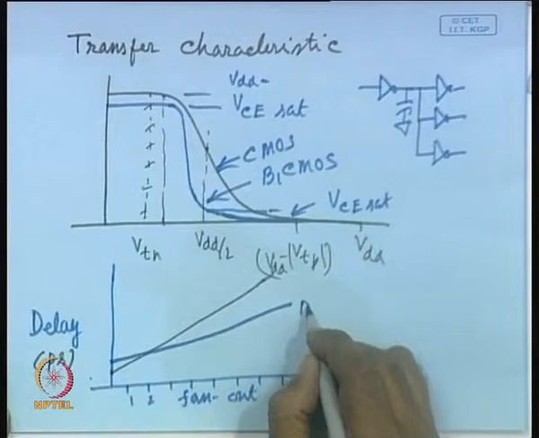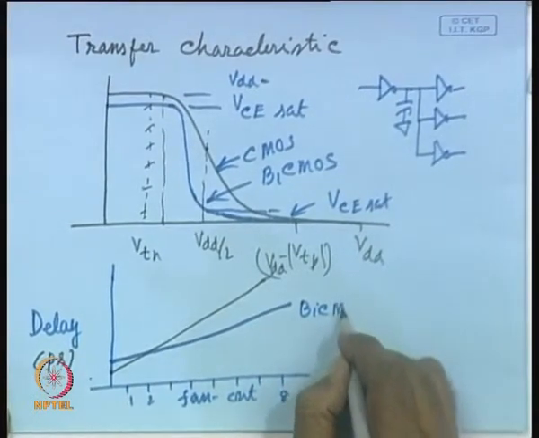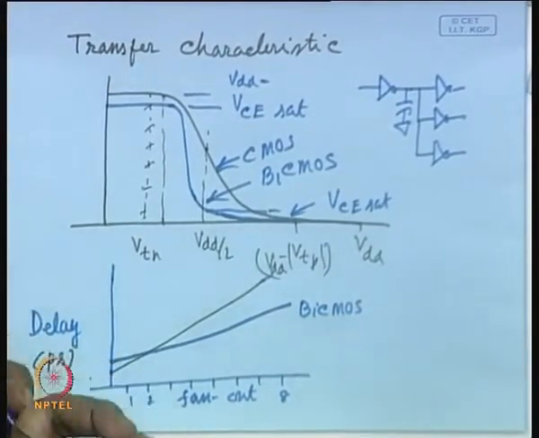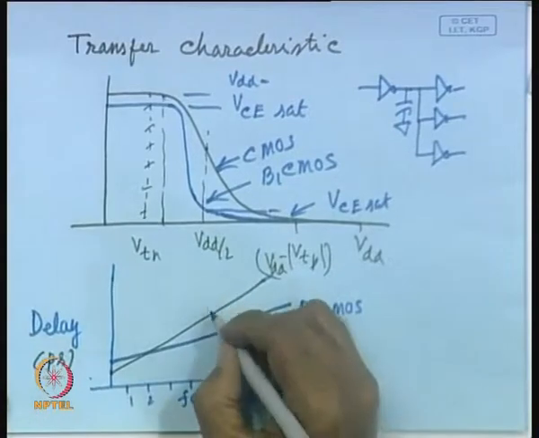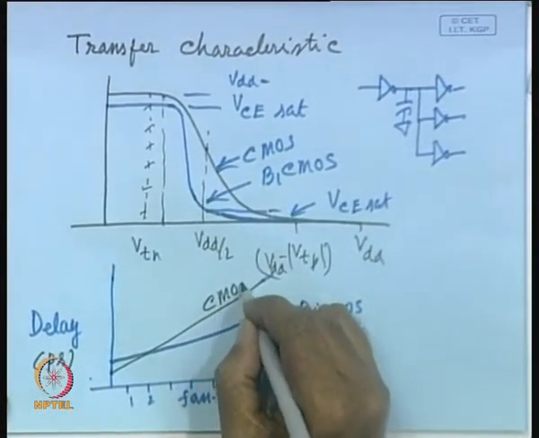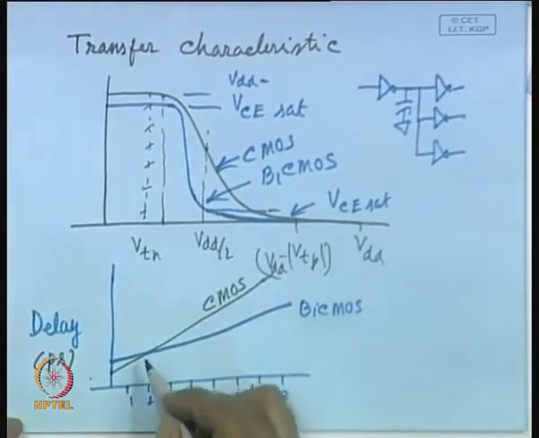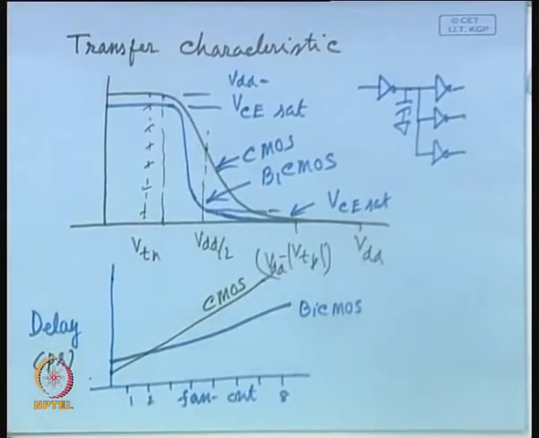This is for BiCMOS and this is for standard CMOS. Now, you may be wondering why delay is initially more for BiCMOS compared to standard CMOS. Initially, for fan out of 1 or 2, delay is larger for BiCMOS. Why is it so?